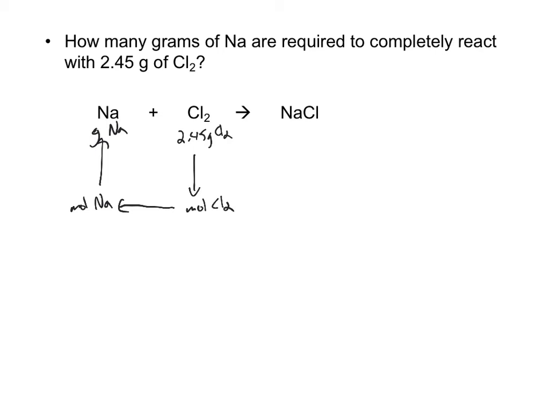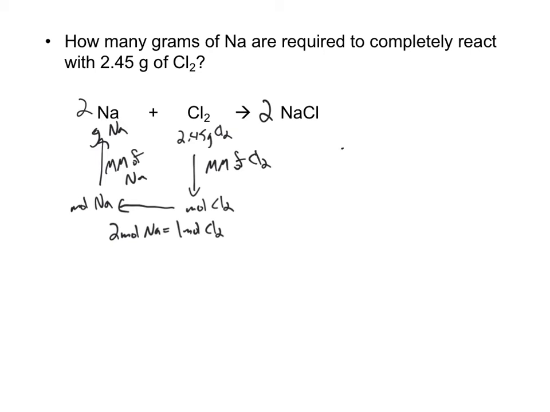To do this, I need to be sure my chemical equation is balanced. To do that, I think I need a 2 in front of the NaCl, and then a 2 in front of the Na. And so I need the molar mass of Cl2. I need the molar mass of sodium, and then I know that 2 moles of Na is equal to 1 mole of Cl2 from the equation.